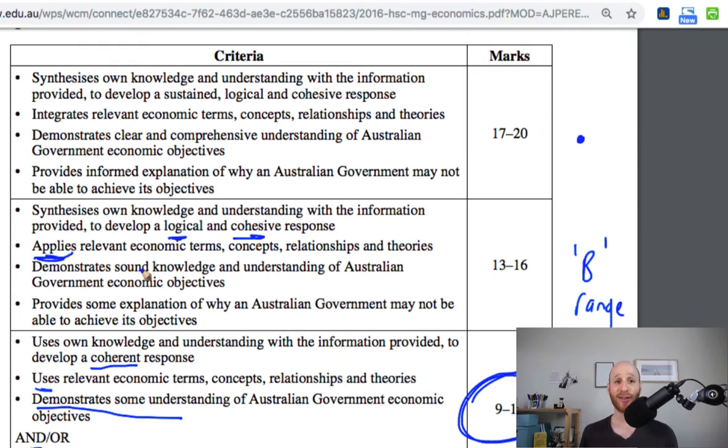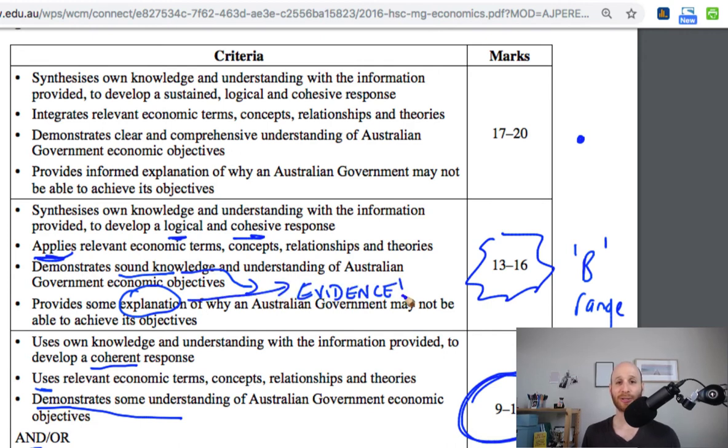If you demonstrate a sound knowledge rather than some understanding, and if you start to add some explanations, then you're going to start to move into this B range. The idea with this sound knowledge, understanding and explanation is that you are able to provide more supporting evidence in terms of your argument.